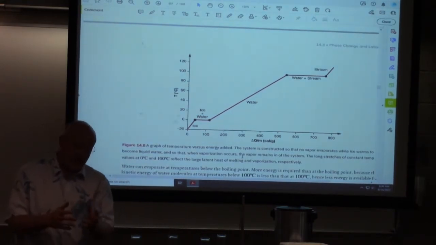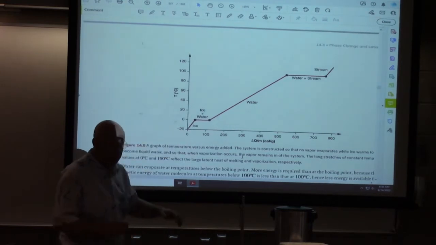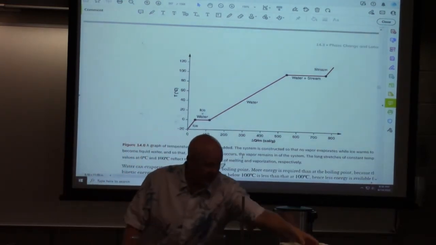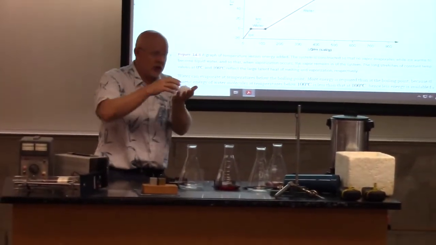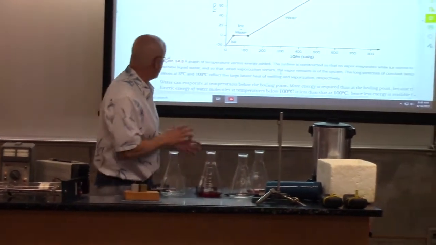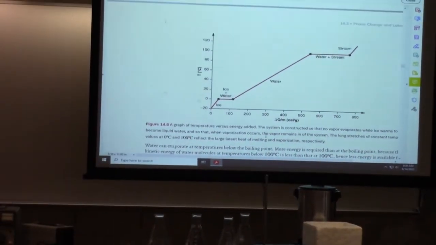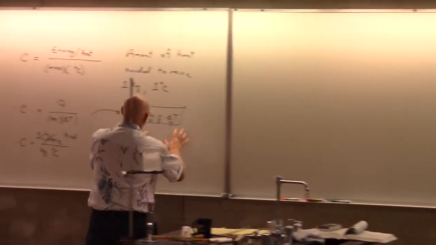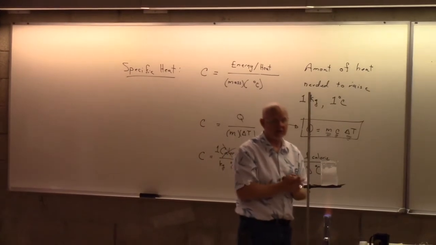And if our freezer is set, as they have it, at negative 20 degrees, when it comes out of the freezer at negative 20, when you first start adding energy to it, they vibrate faster and faster, and so their temperature goes up. And I would say at this point, we're doing something like this. We are adding energy and its temperature is going up, and that's true as long as it's a solid.